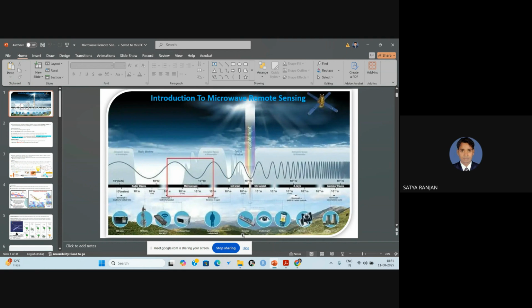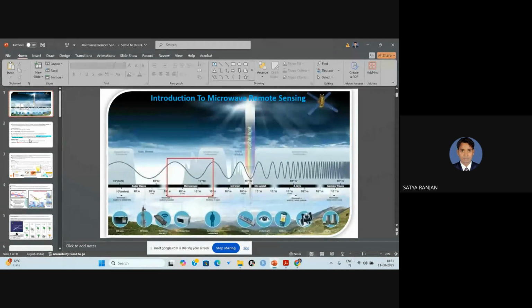Microwave remote sensing works in the microwave region, which has a high wavelength, and active microwave remote sensing has its own source of emitted EMR rays, at different angles. We'll discuss the different characteristics of microwave remote sensing, how it works, and its different applications.